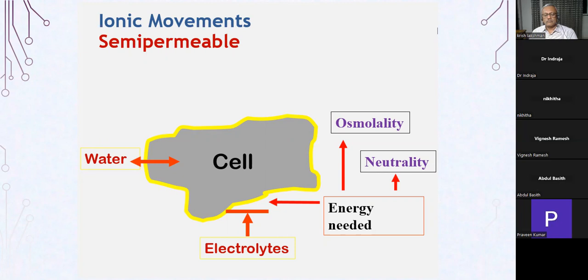The basic law of the cell is to maintain the osmolar gradient, and the goal is to reach neutrality.